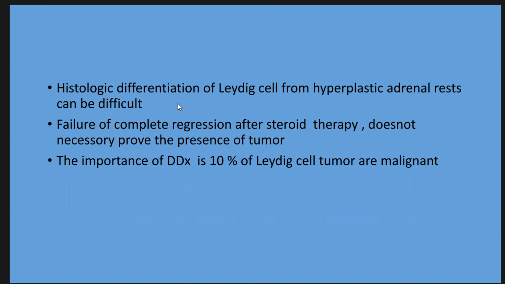The histology of Leydig cell from the hyperplastic can be difficult. Treatment with cortisone does not necessarily improve the presence of a tumor. The main differential is Leydig cell tumor, which is malignant in 10%.